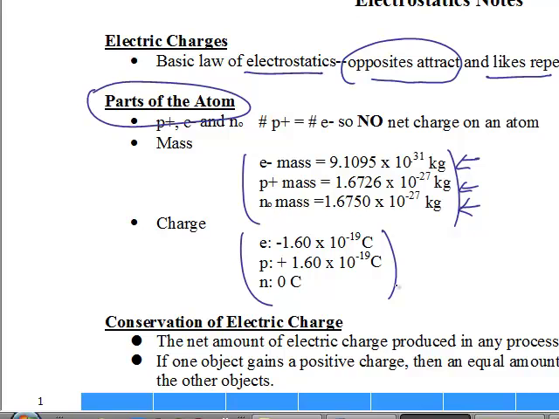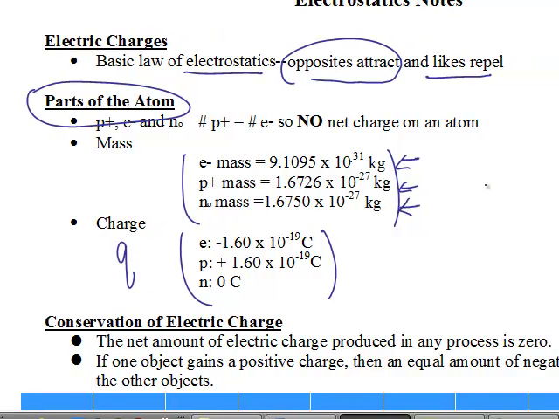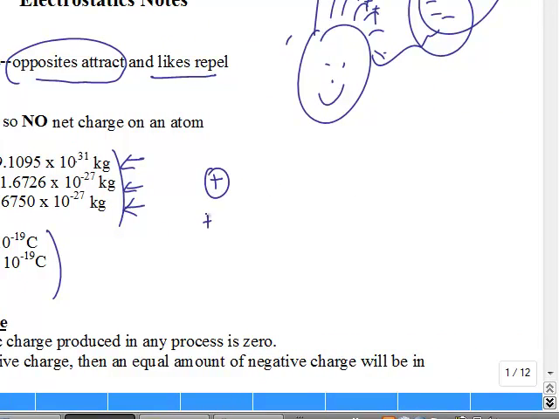Remember that the symbol we use for charge is the letter Q. Q is an inherent property, and a proton has a positive one charge. In terms of coulombs, a proton has a charge of positive 1.6 times 10 to the minus 19. An electron has a negative 1 charge, so its charge value is negative 1.6 times 10 to the minus 19.